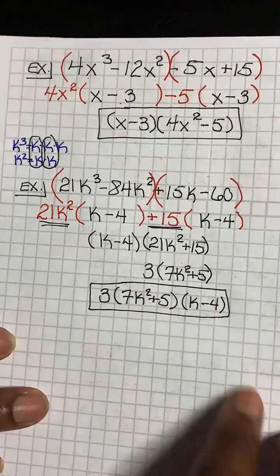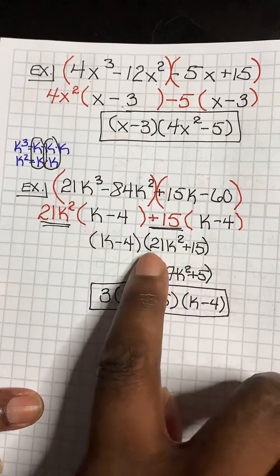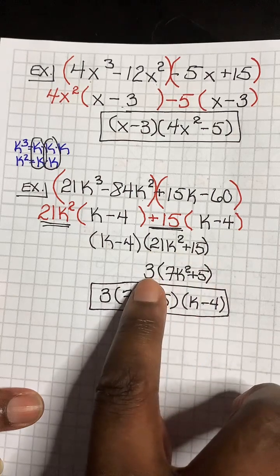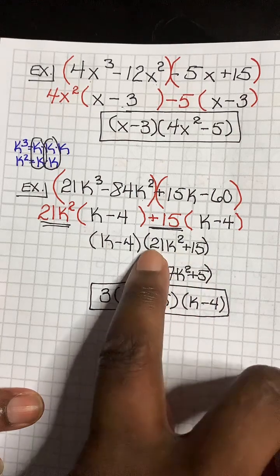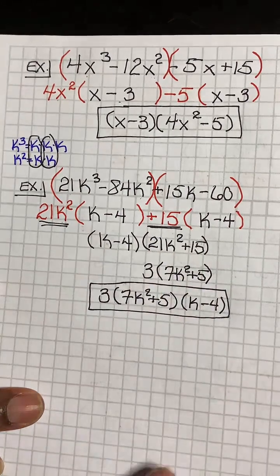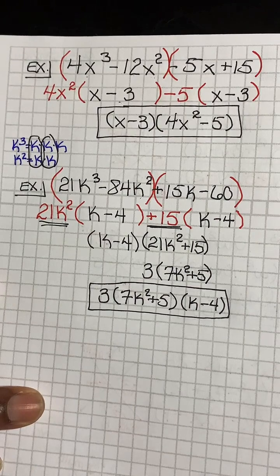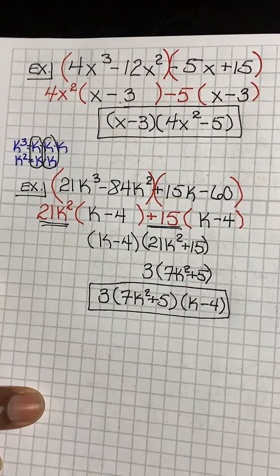Where did 3 come from? So out of 21 and 15, they both have 3 in common. They're both in the 3 times table. AC works for all of it. AC works when A is 1 and when A is not 1. So it really doesn't matter.